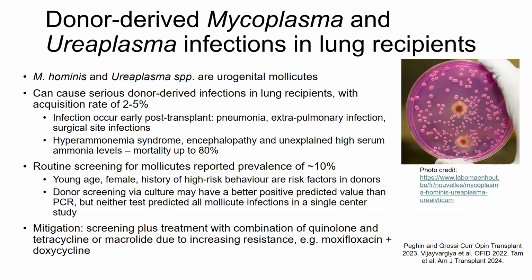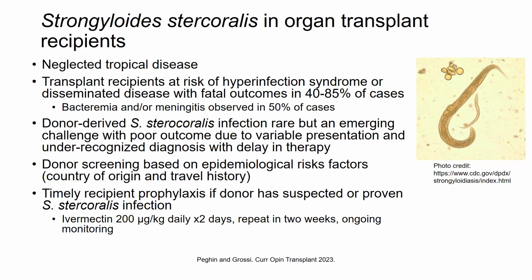In terms of mitigation, screening plus treatment with a combination of quinolone and a tetracycline or macrolide have been recommended. This combination is because of notable rising resistance. And lastly, I wanted to talk about Strongyloides stercoralis in organ transplant recipients.